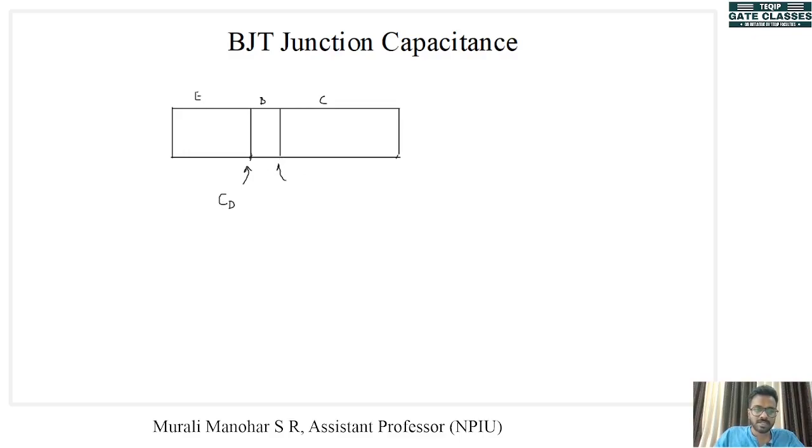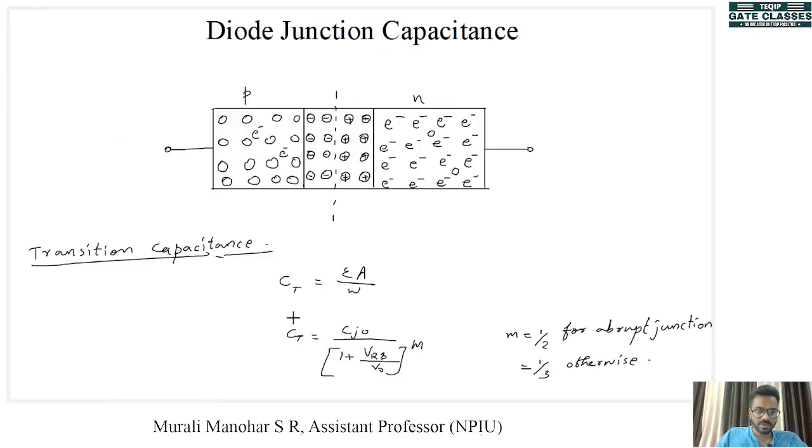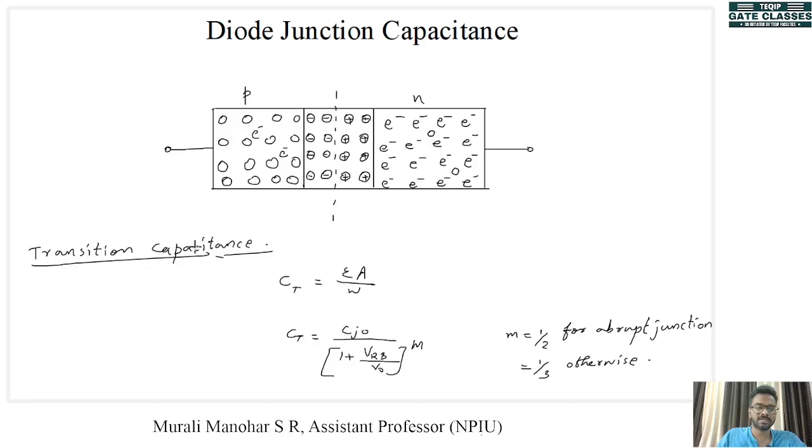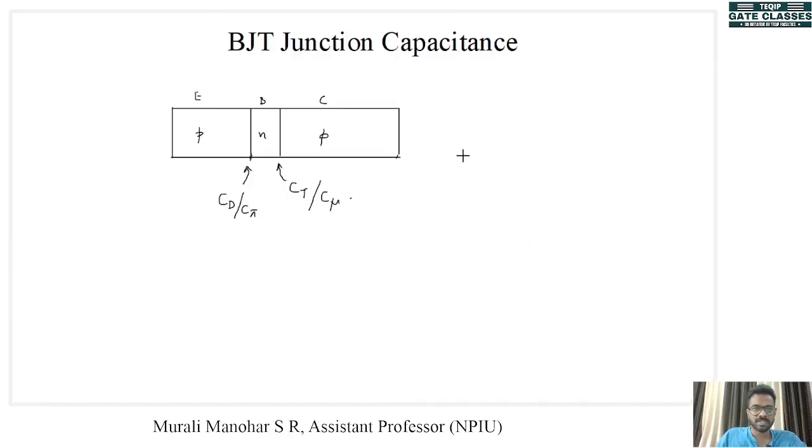The collector base junction will be reverse biased. So at the collector base junction, we have the transition capacitance. This is a PNP transistor. This Cd is also called C pi, and the Ct is also called C mu. And we already know the equations for Ct and Cd. So the equations for diffusion capacitance and transition capacitance of a diode hold for this BJT also.